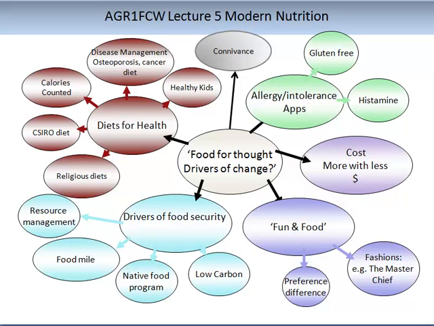What I mean by this is diets can be changed if the resource management characteristics are not considered favourable. Food miles for some people are now a consideration for diet. Native food programs have also been considered as a way of enabling good diets and enabling climate change adaptation, and also producing food in a low carbon manner is also a driver for food security and changing and evolving diets.